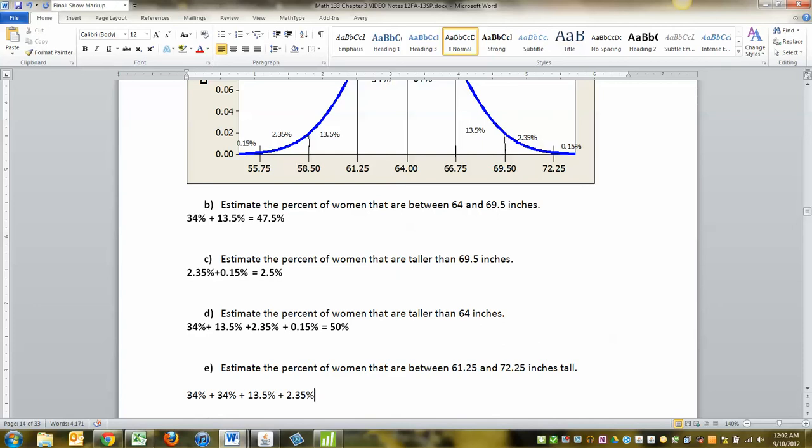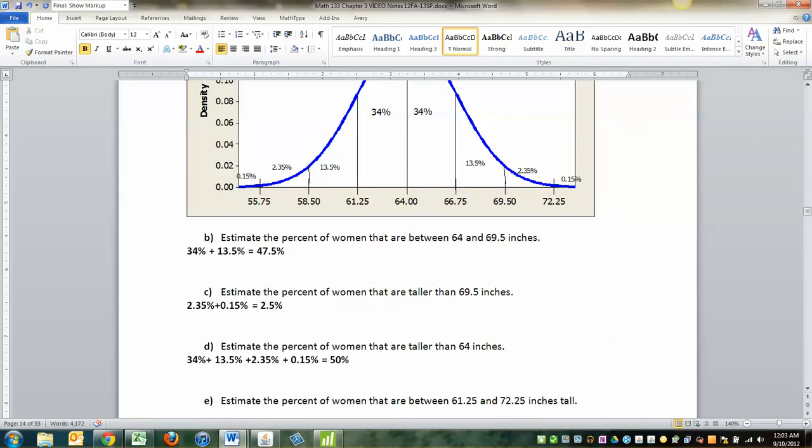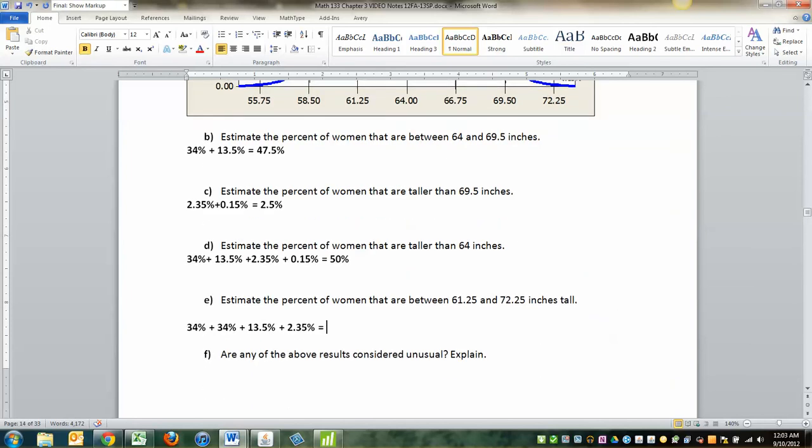There's more, because there are women that are taller than 72.25, but we only want between those two numbers. So we're not going to get to women that are 74 inches tall and stuff. We stop at 72.25. So you add up the percentage in the first section plus the second section plus this 13.5 plus this 2.35, and you're done. You don't keep going. And that altogether makes 83.85 percent.